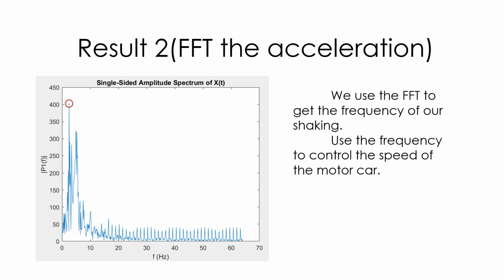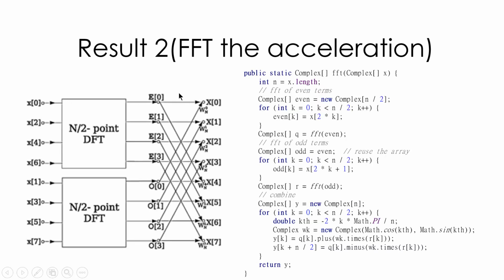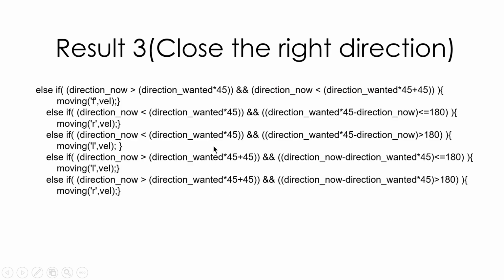We wish the car to use the frequency as its speed, and we also use a threshold to make the car not move if the cell phone is placed still. And it's our algorithm, and it can be found in our app. There's an FFT class, and this is the third result.